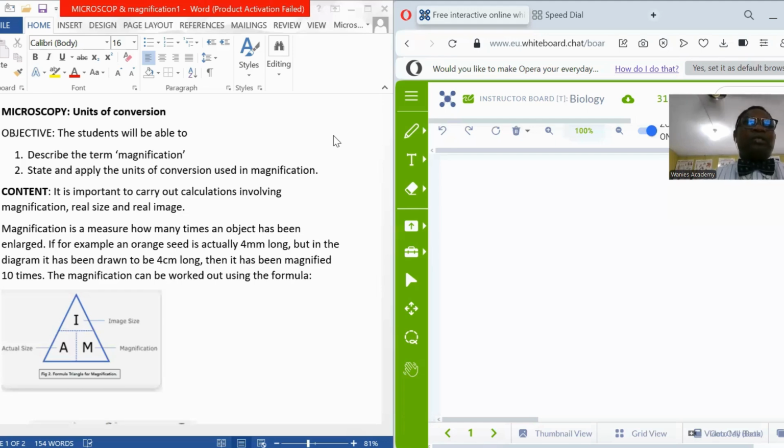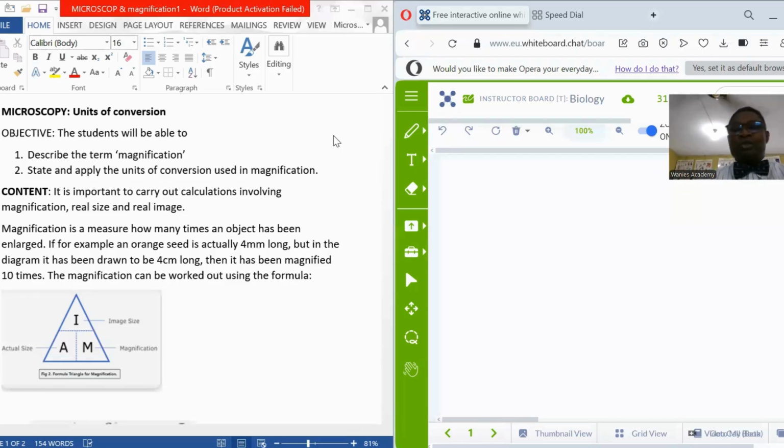Today, we want to see some units of conversion. We want to see how units are converted in trying to measure the magnification of a given object or specimen. So we will describe the term magnification, and we will apply the unit of conversion used in magnification.